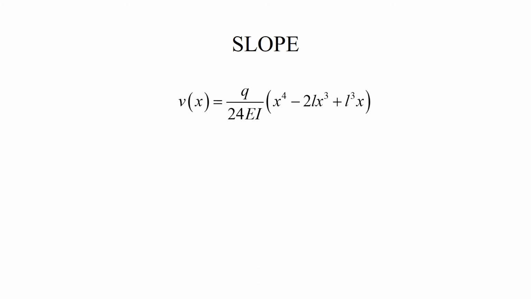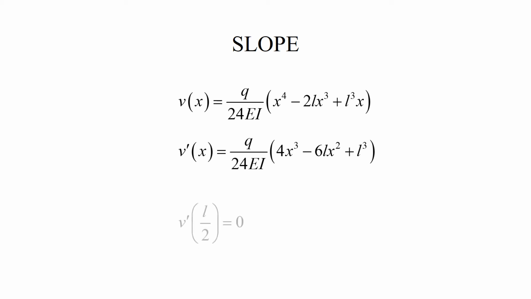If I start with the deflection curve, I can differentiate it and get the equation for the slope. If I substitute x equal to L over 2 into this expression, I obtain that V prime of L over 2 is equal to 0.